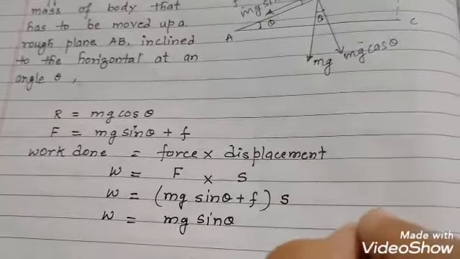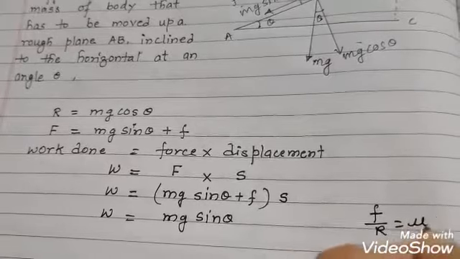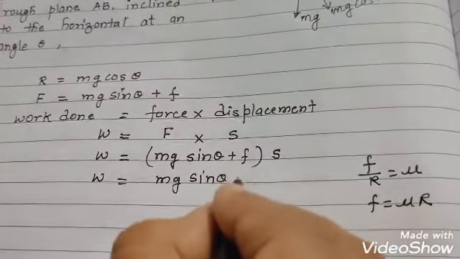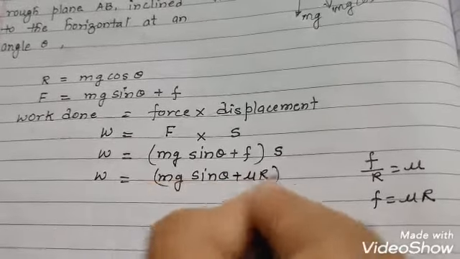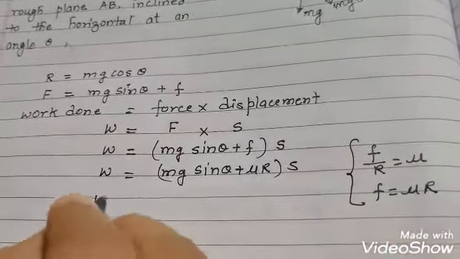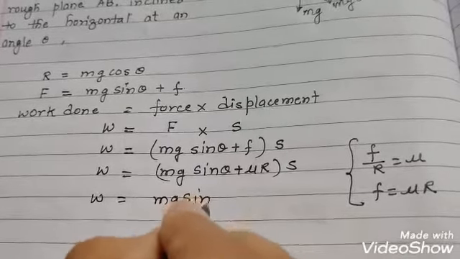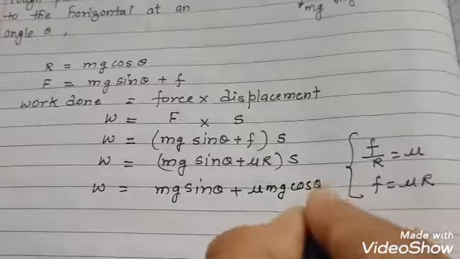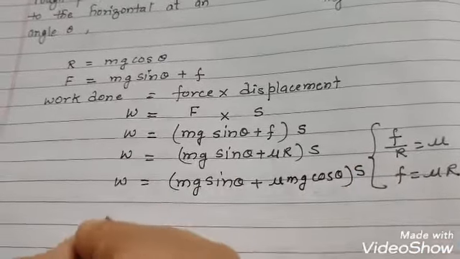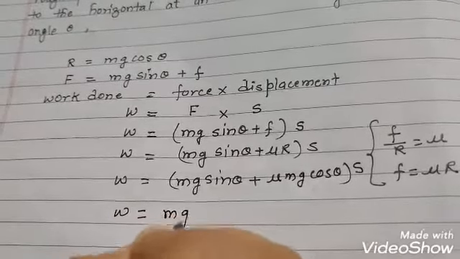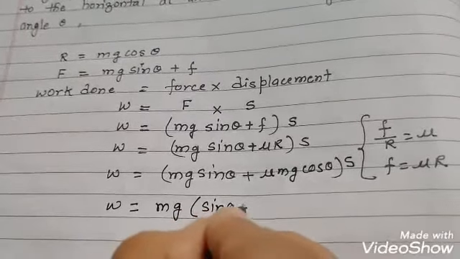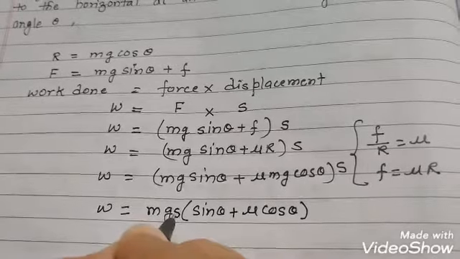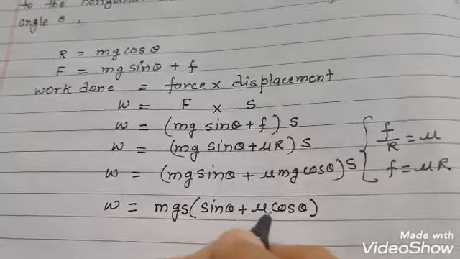Now once again we'll use the relation f upon R equal to mu, or f is equal to mu R. So in place of this small f we'll write mu R, into S. Now you will see the work done is equal to mg sin theta plus mu R, but R we have written here, that is mg cos theta, multiplied with S. So we can write the work done is equal to mg sin theta plus mu cos theta multiplied with S, or mgs into sin theta plus mu cos theta.